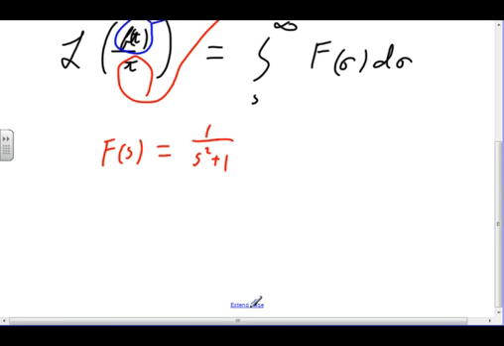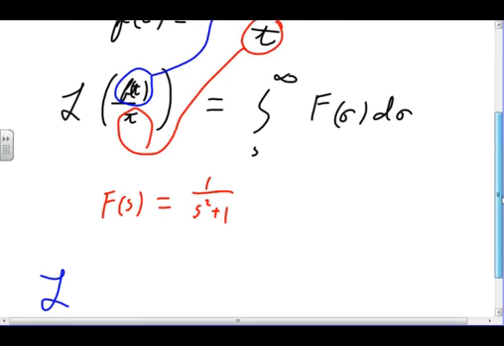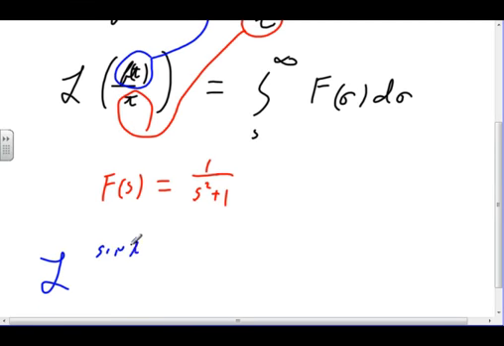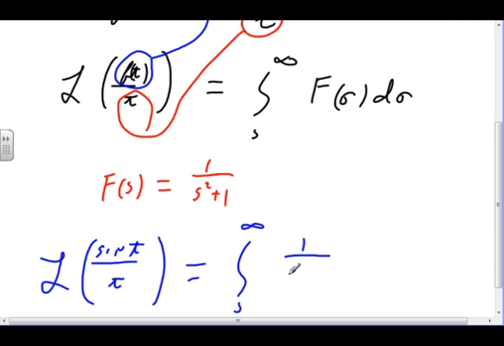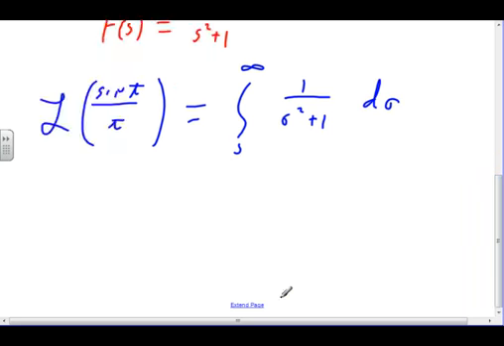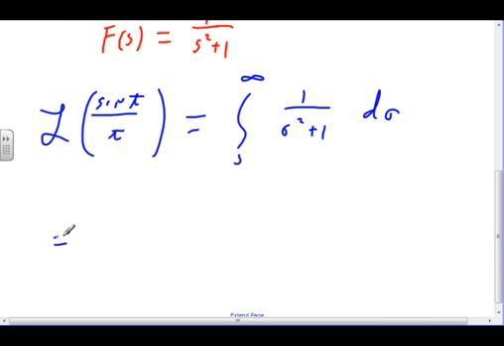And then I say, well, the Laplace transform of sine t over t is equal to the integral from s to infinity of 1 over sigma squared plus 1 d sigma. I can't do that directly, so I have to take the limit as b goes to infinity of the integral from s to b of 1 over sigma squared plus 1 d sigma.